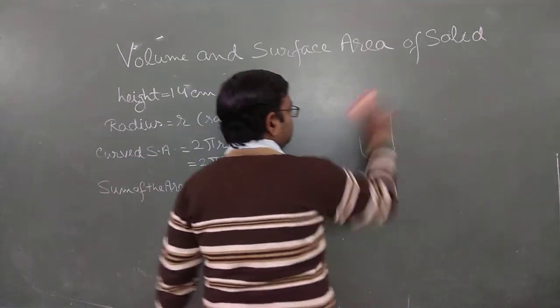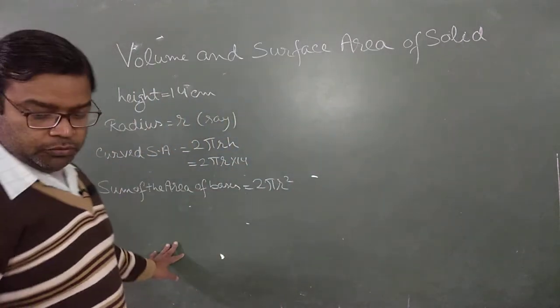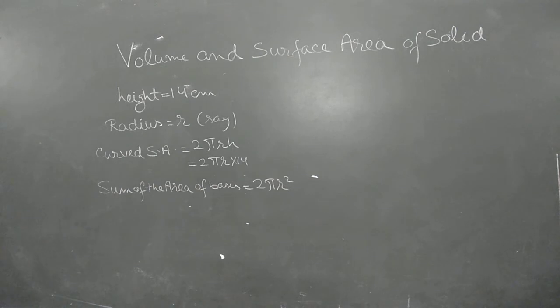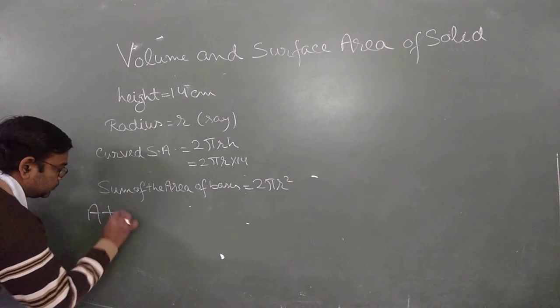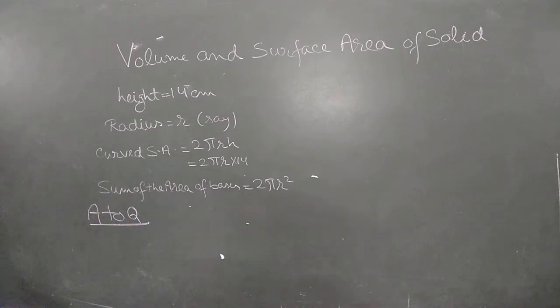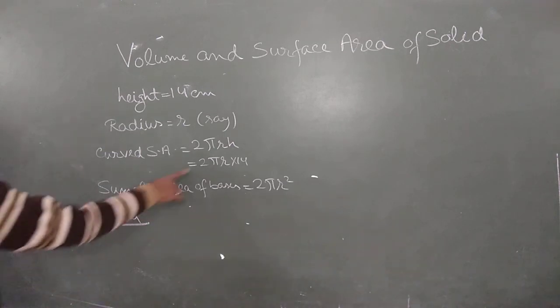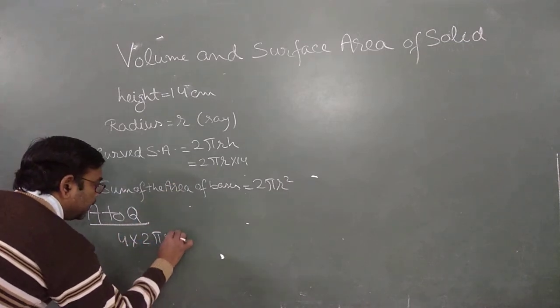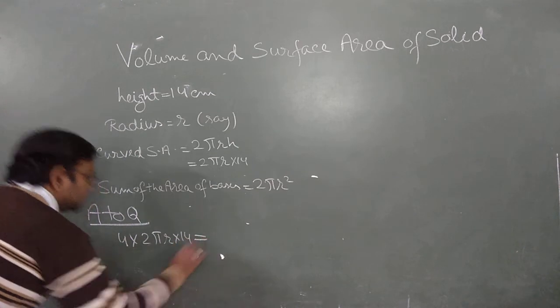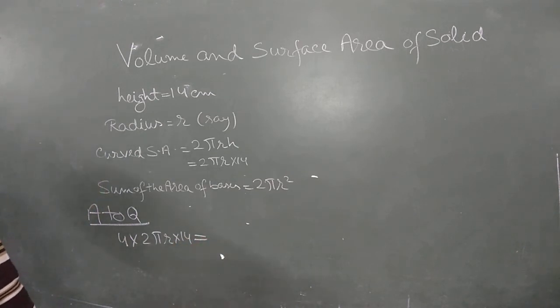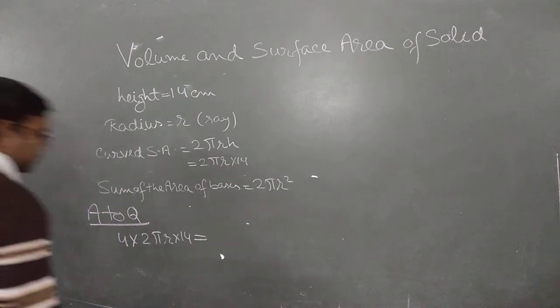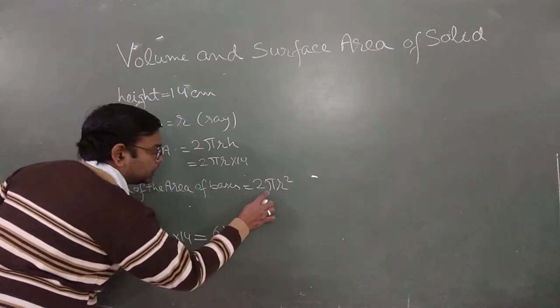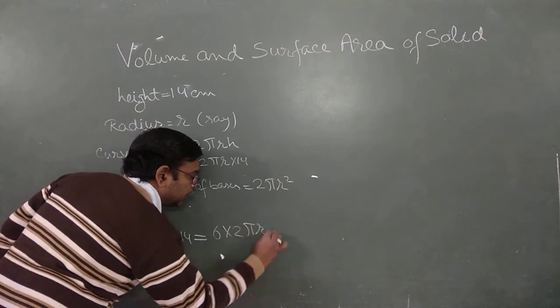Come to this part. According to the question, it says that 4 times the curved surface area of a cylinder, this one means 4 into 2 pi r into 14, is equal to 6 times the sum of the bases, 6 into this one, 2 pi r square.